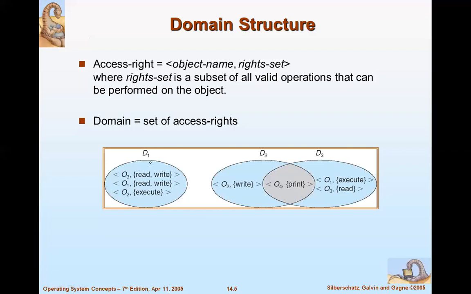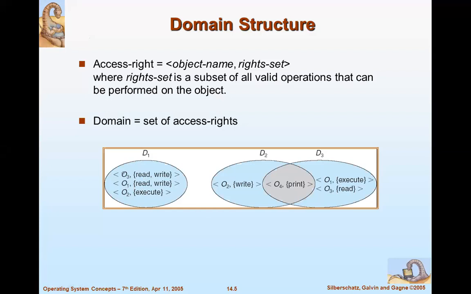Look at this. He can read, he can write, he can execute over here. But in this administrator domain, you can see the objects are different. You have access to object 1, object 2, object 3, and based on usability or access to these objects, your access is defined.